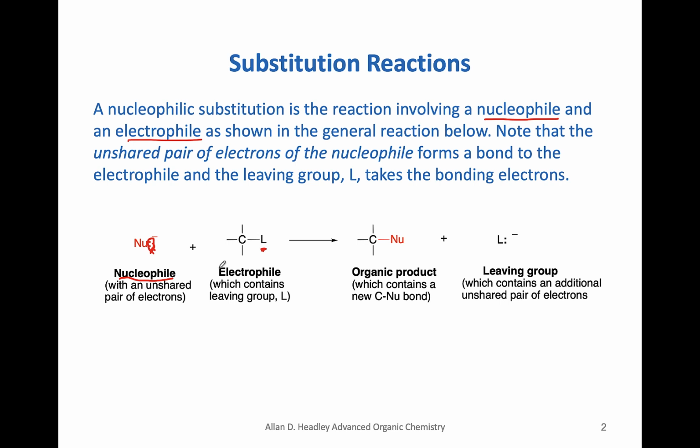So when the reaction is done, L leaves with its electrons, shown here as a leaving group, and the nucleophile is now bonded to the carbon to form the organic product where a new bond is formed here.